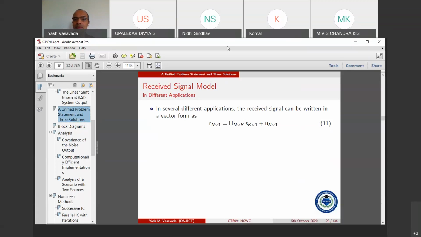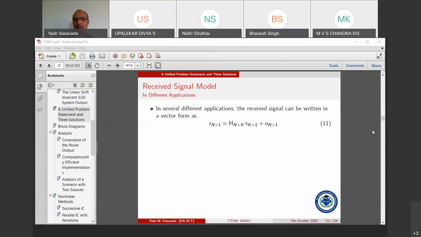Anyone? In case of BPSK, what are the possible values of vector S when capital K is equal to 2? Four possibilities. 4 possibilities, correct. 1, 1, 1 minus 1, minus 1, 1, and minus 1, minus 1.